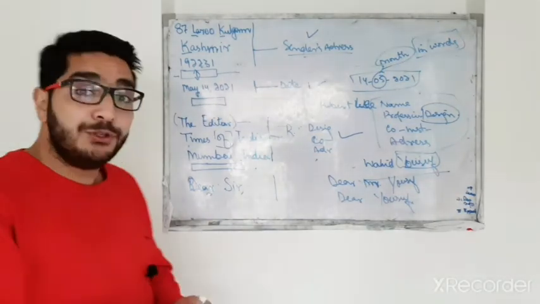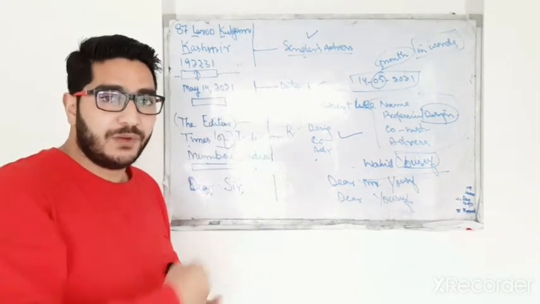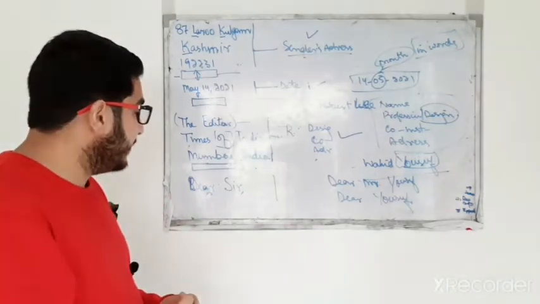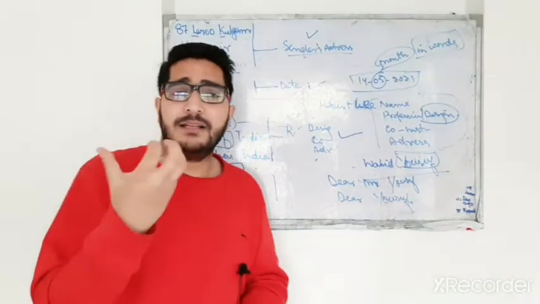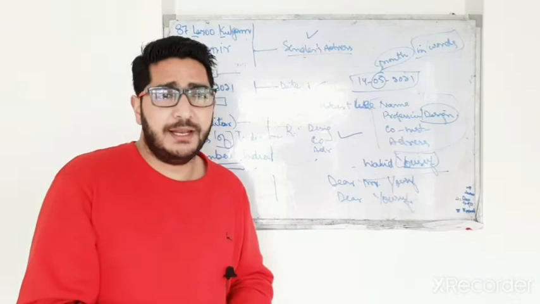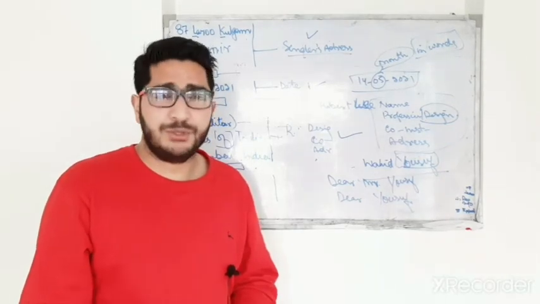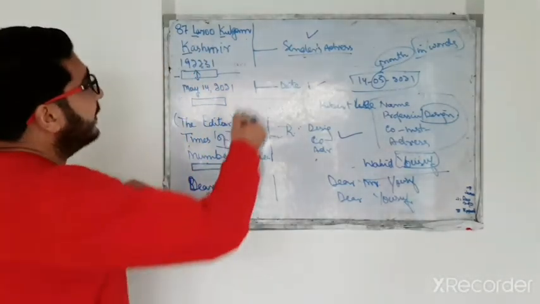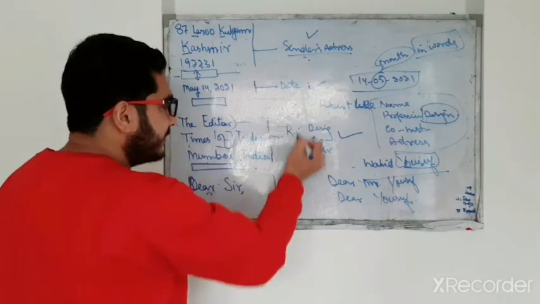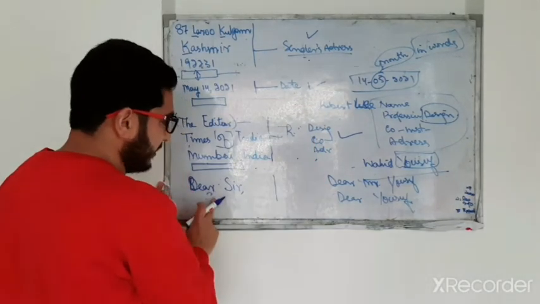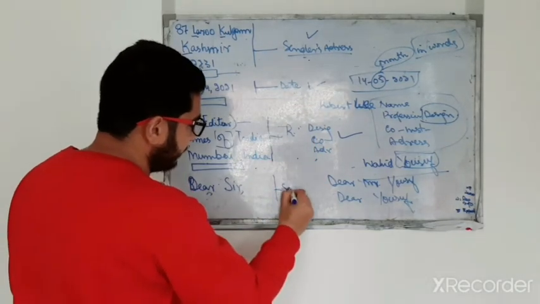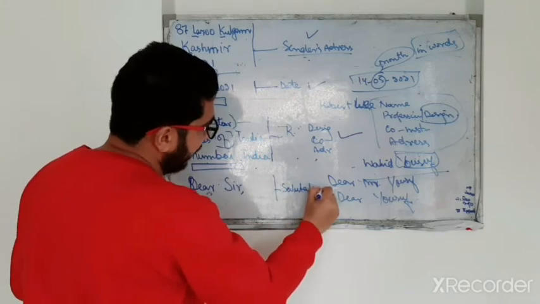And if we don't know whether the person is male or female, we should simply write the name. And so: sender's address, date, recipient's address, and this is the salutation, or we call it greeting.